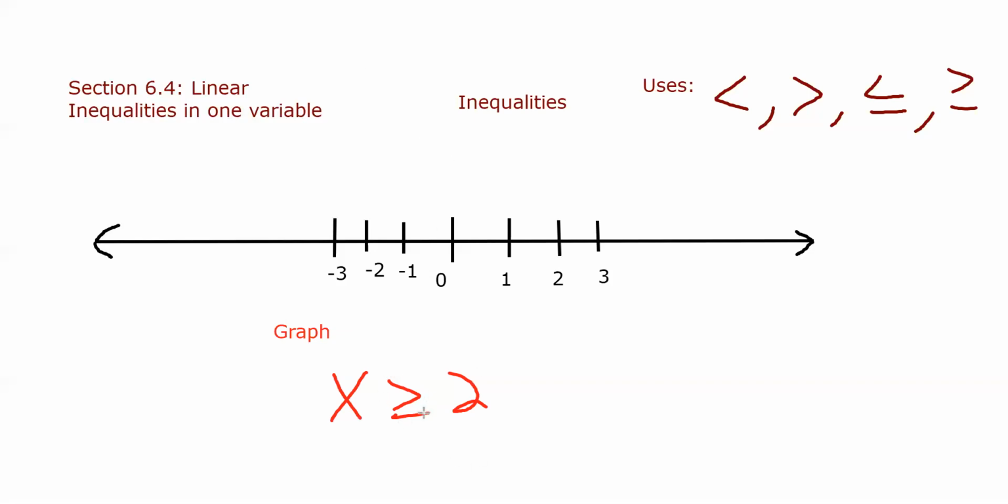If it's greater than or equal to, you're going to use a nice filled in circle on the number itself. And then since we want everything greater than that as well, we're going to shade everything on the number line to the right of it. Closed circle on the 2 itself.